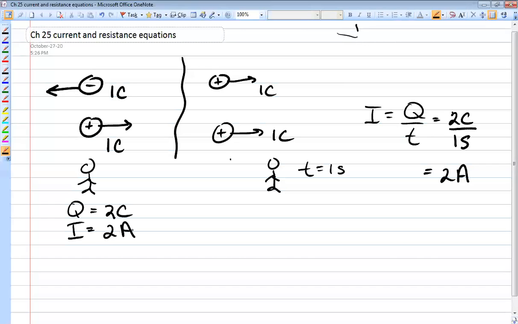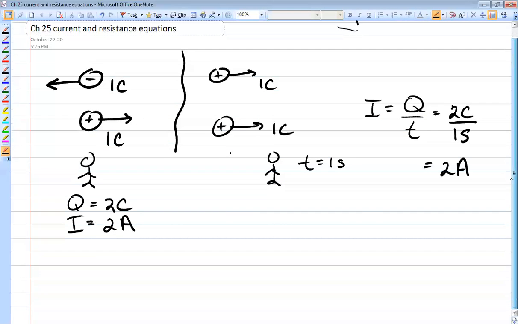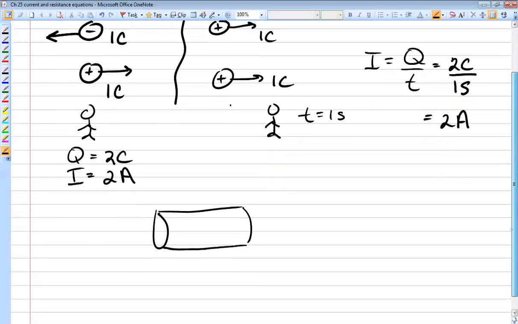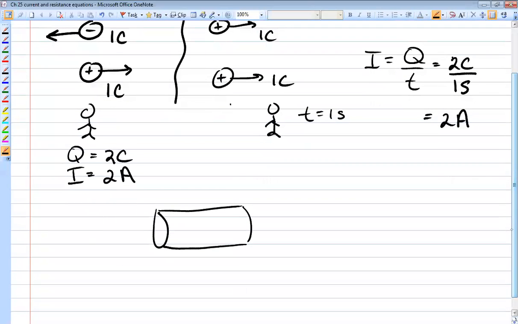Now, unfortunately, when they defined the direction of current, they didn't know about electrons. And so it is defined to be the direction of positive charge flow, but there really is no positive charge flowing. It's the electrons that are able to move around. Now, I wasn't too thrilled about the video on Mastering Physics about these electrons moving around creating current.